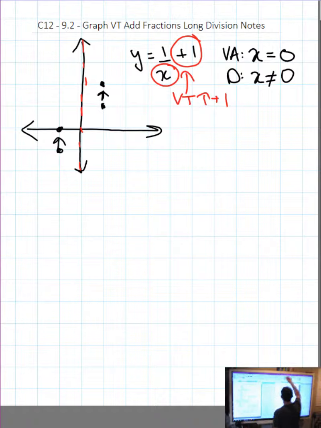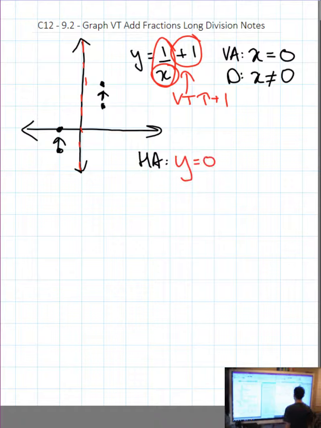Now, we took a look at horizontal asymptotes in the last question, where if the exponent of x is bigger on the bottom, so we have 1 over x, that means that the exponent of x is higher on the bottom, therefore it would be y equals 0.